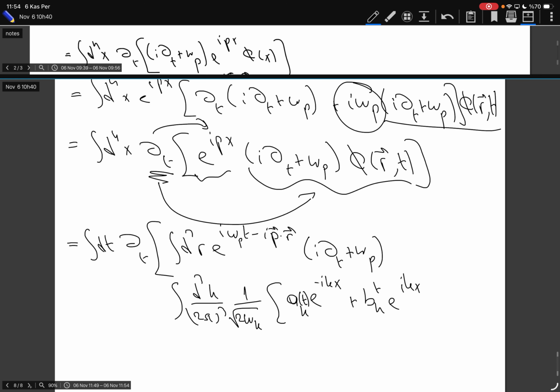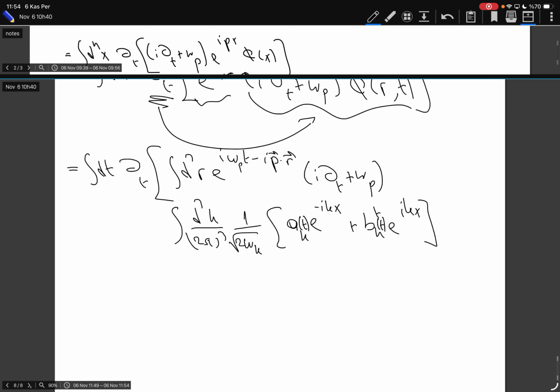And these operators depend on time t. Keep in mind that eventually I'm only interested in that space integral for t goes to plus or minus infinity. In those limits, a_k of t and b_k of t don't depend on time.